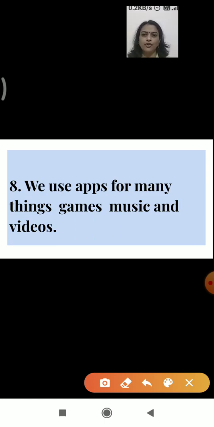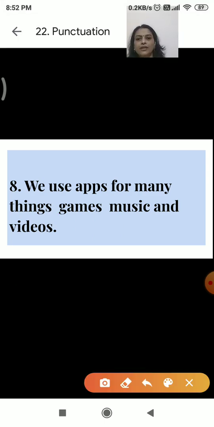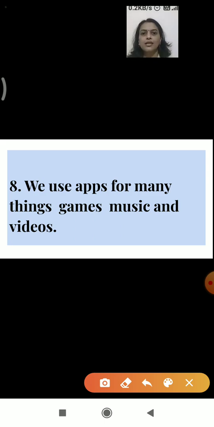We are giving some information. What are those things? So what punctuation mark will come? Which one? After things you will have the colon, right? You will have the two dots there, after things.